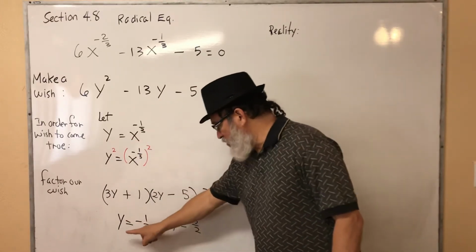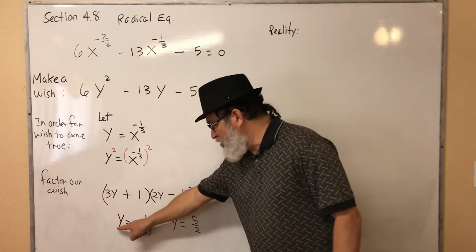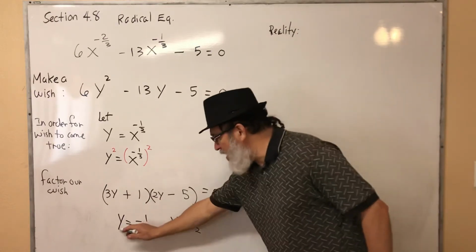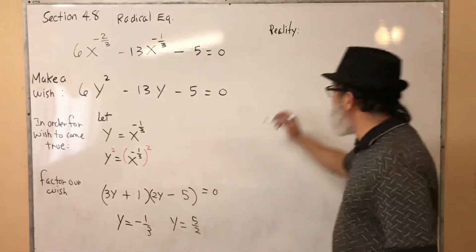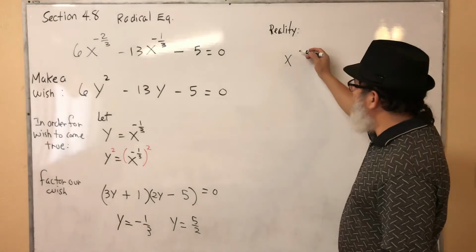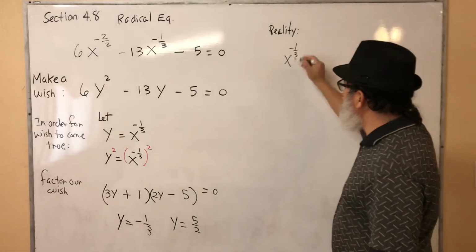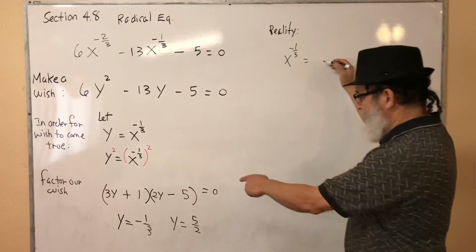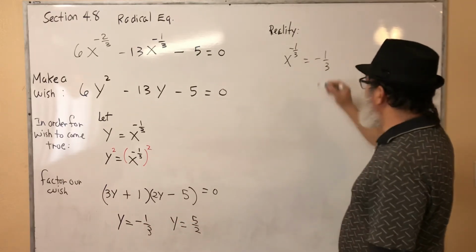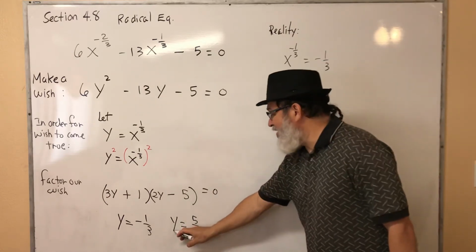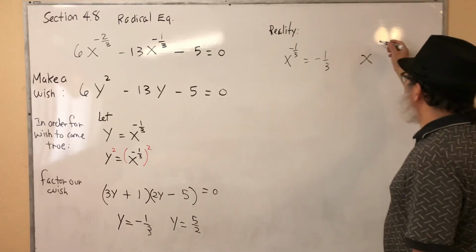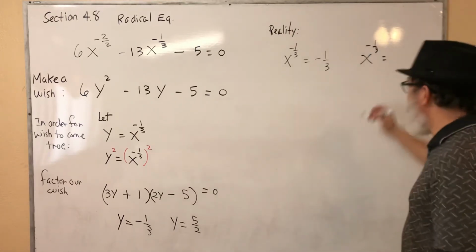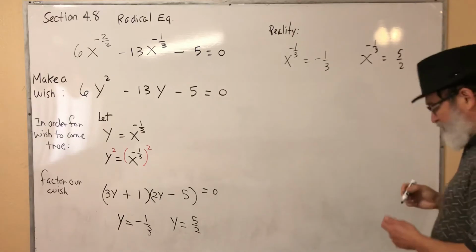So this y equals that. Going back to reality, this y, which is x to the negative 1/3, equals negative 1/3. And right here, x to the negative 1/3 equals 5/2.